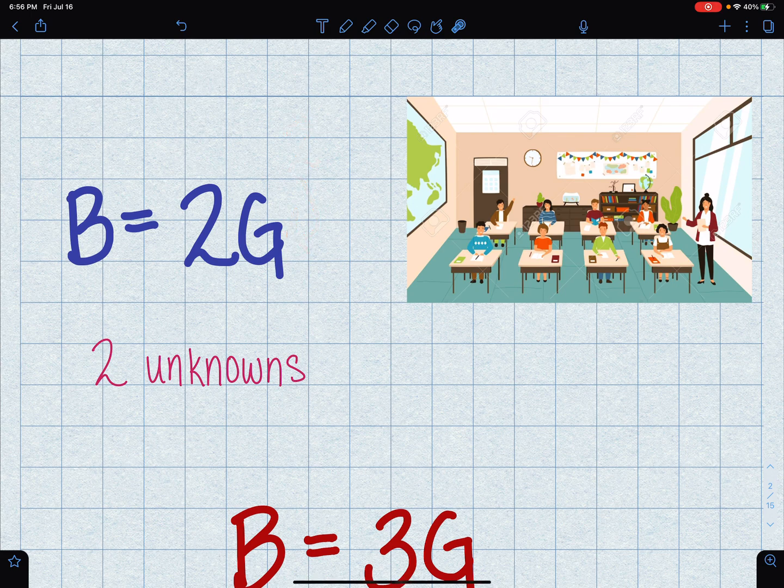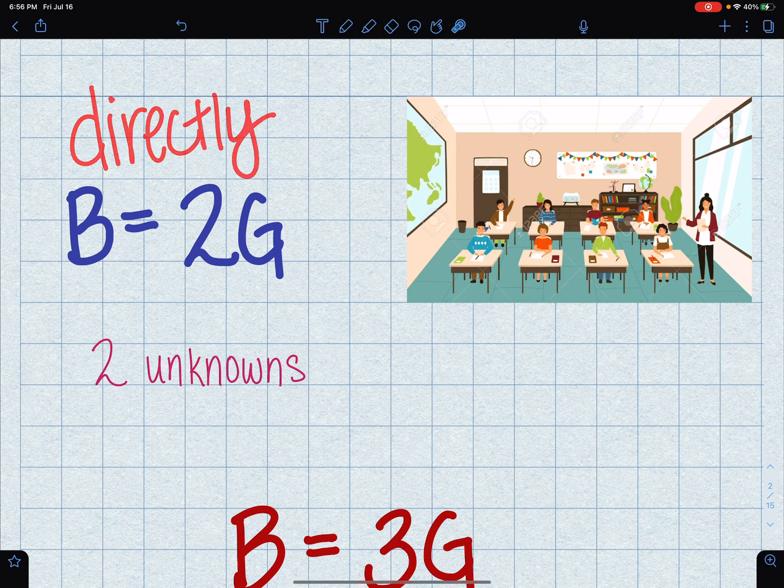So this is a direct variation. As the number of girls goes up, so you can put 1, 2, 3, 4, 5, anything in that number, like the number 10, the number of boys goes up directly with the number of girls. These are keywords: directly, direct variation, proportional to, things like that. I'll show you all of the keywords in a second.